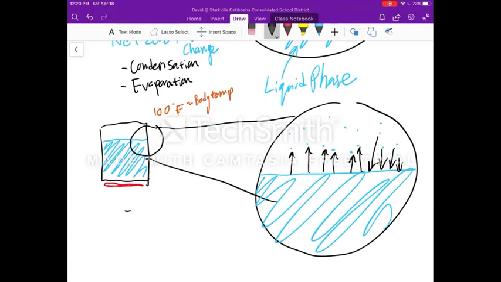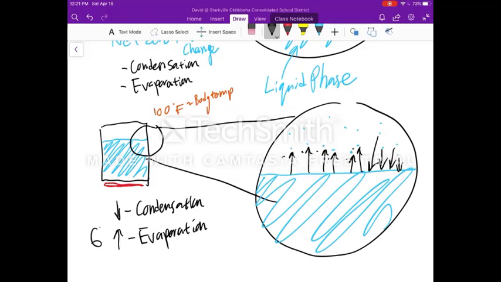That means that the condensation is lower than the evaporation rate, because we've got 6 molecules evaporating and 4 molecules condensing.